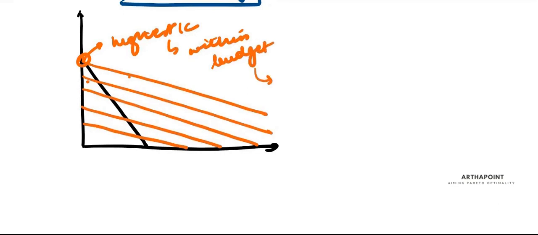And at this point, I'm consuming only good Y. So this is where Px by Py is greater than MRSXY. Budget line is steeper than the indifference curve, and you consume only good Y.